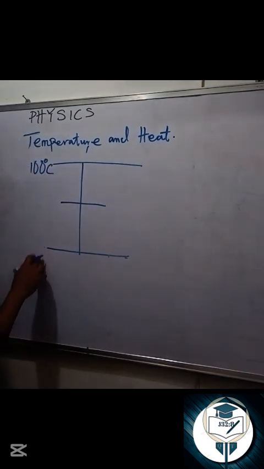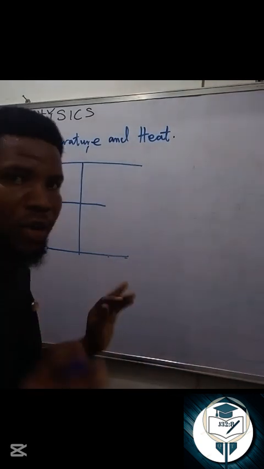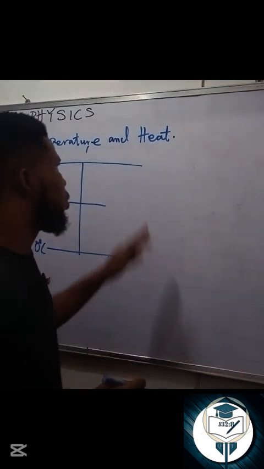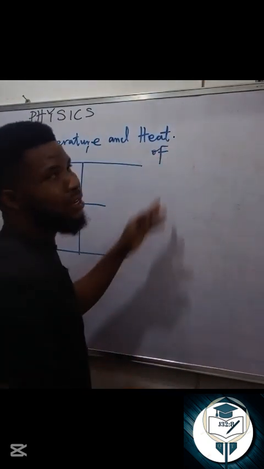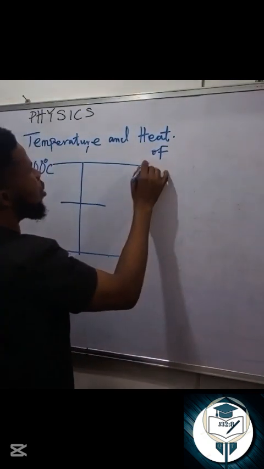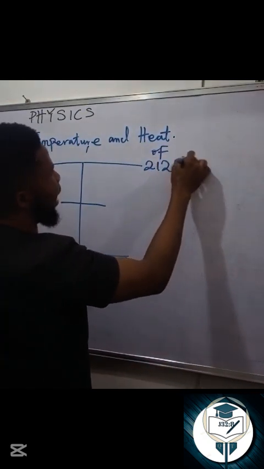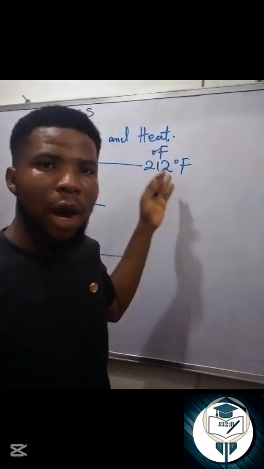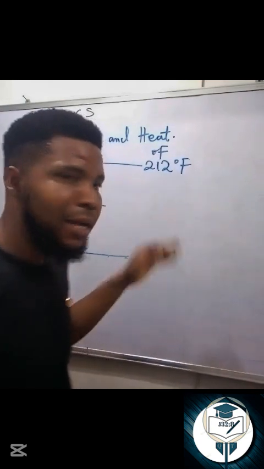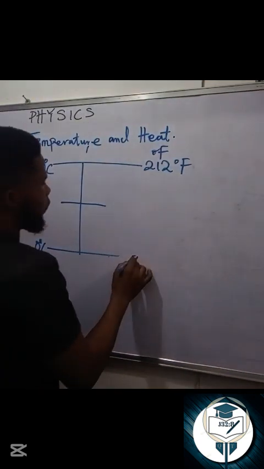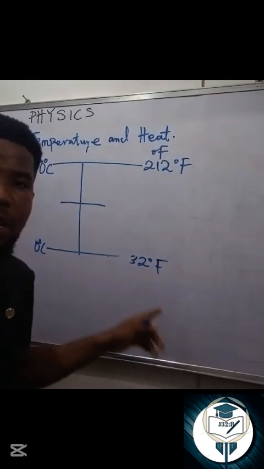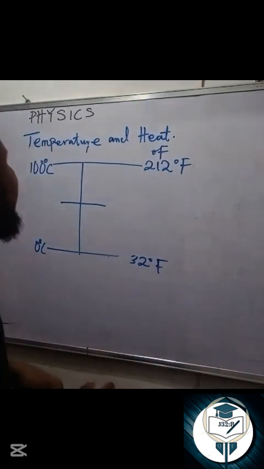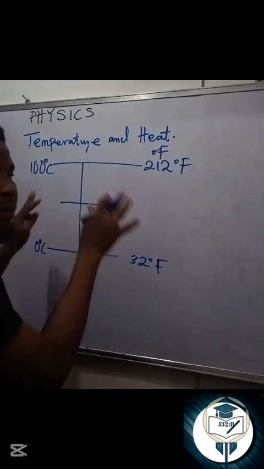The temperature of pure ice is 0 degrees Celsius. On the Fahrenheit scale, the temperature of boiling water is 212 degrees Fahrenheit, and for pure ice, it is 32 degrees Fahrenheit.